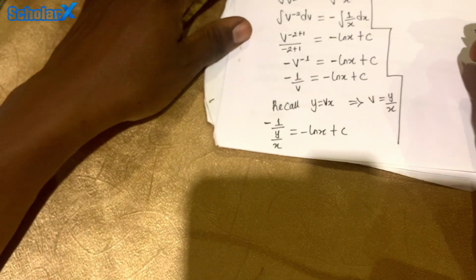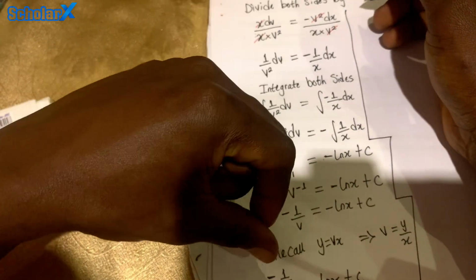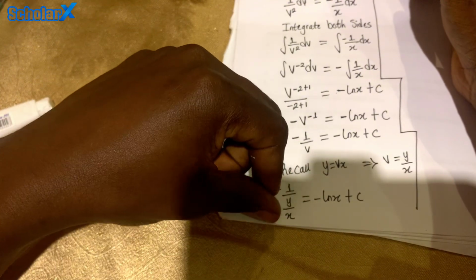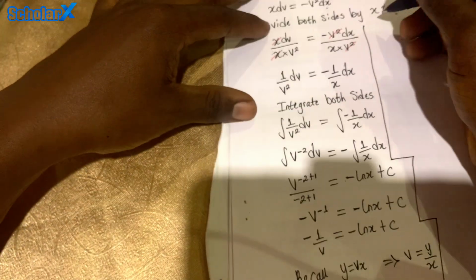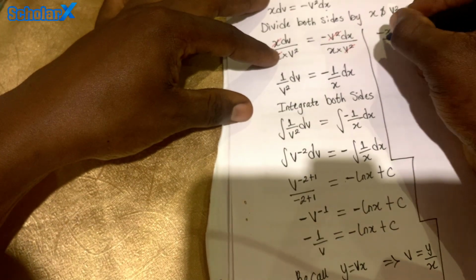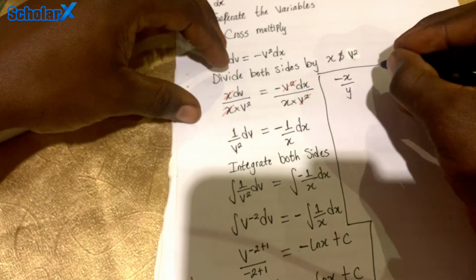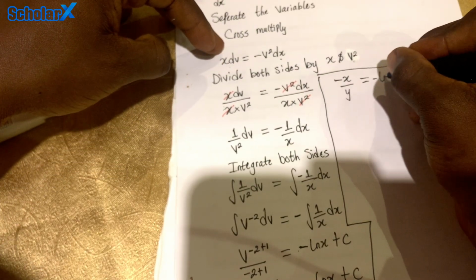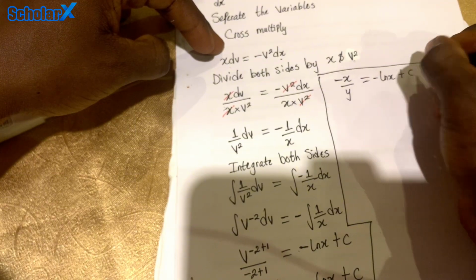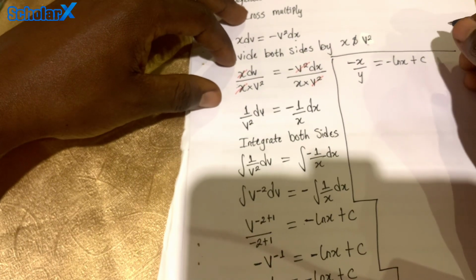Now 1 over y over x gives us x over y. So everything just becomes minus x over y is equal to minus ln x plus c.